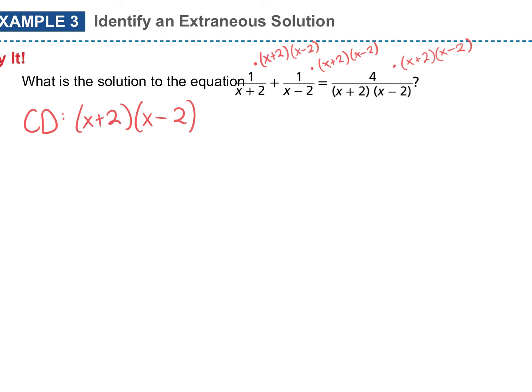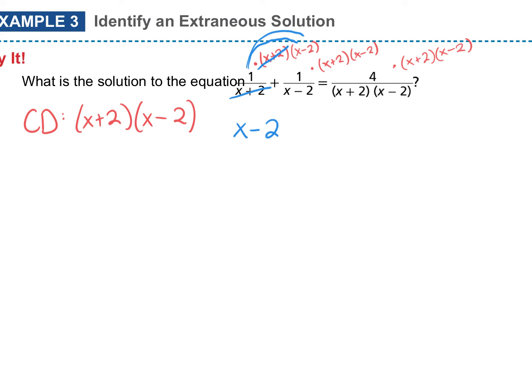Okay. So taking it one term at a time, looking at this term, what cancels out? X plus 2 cancels, so what am I left with? 1. Right, we're going to distribute that 1, but if we distribute that 1, remember it just stays itself, right?